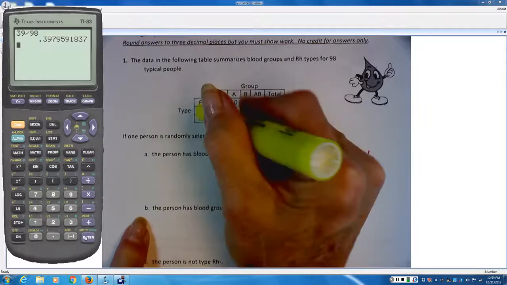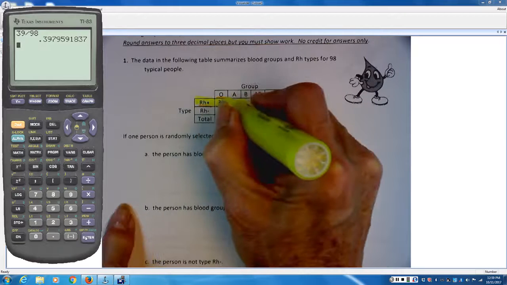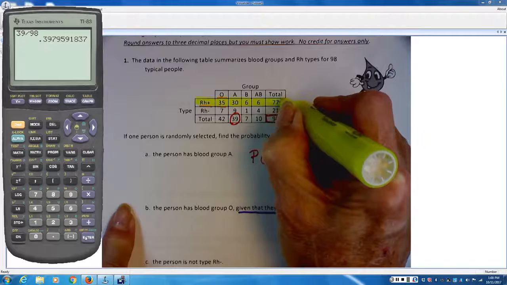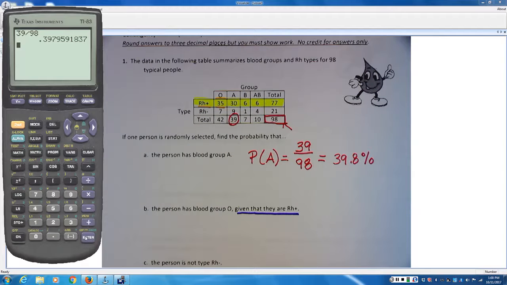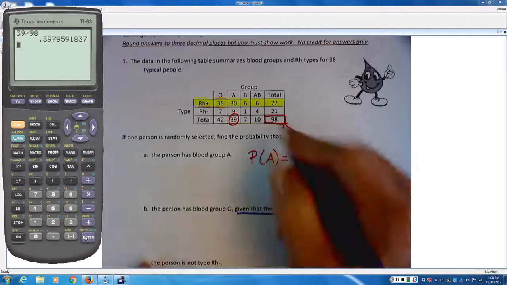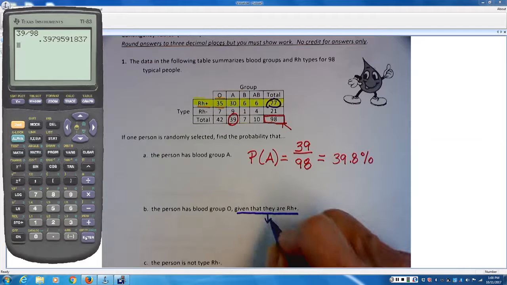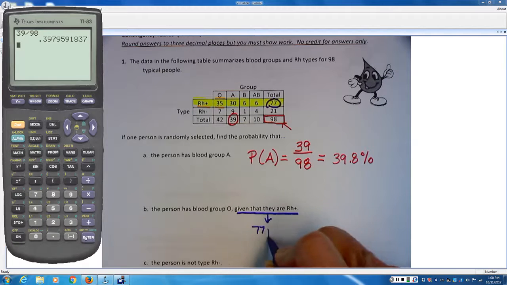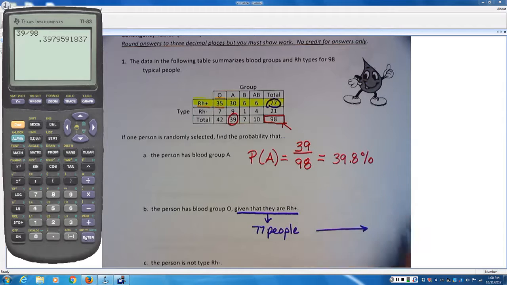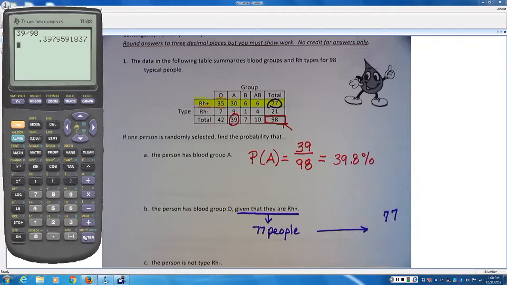The people that are Rh positive are the people in this row. So there are only 77 people who have Rh positive blood. So that tells us that the fraction for our probability is going to be 77, not the whole 98.